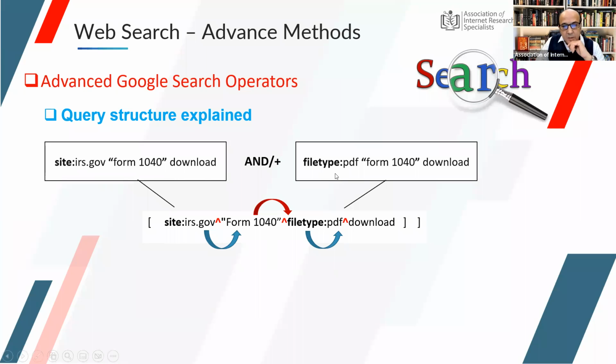Certain operators, or certain class of advanced operators, are called absolute commands, which means that they would not work with the same operator in the same query, or they would even not work with other operators. So they sort of are absolute enough that they would not exist or execute or operate with any other operator. There is a list of those, and they're coming from the same class of operators that we just discussed.